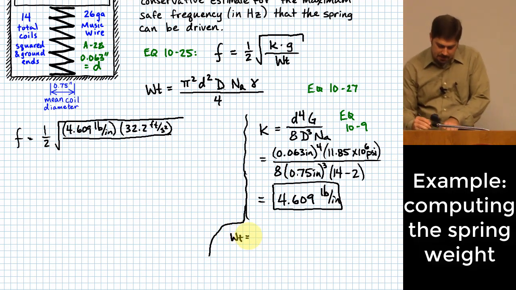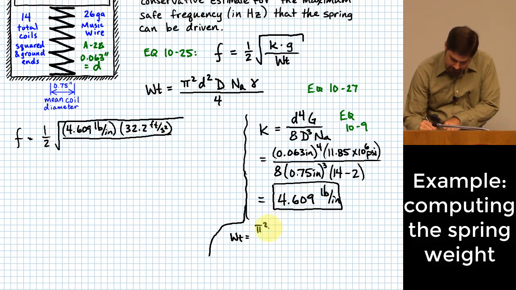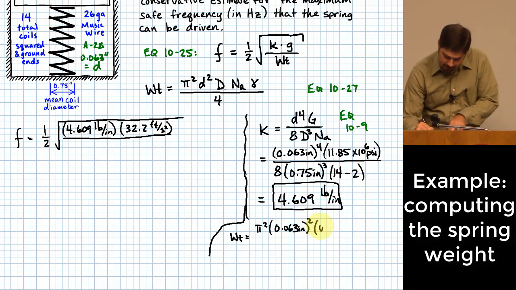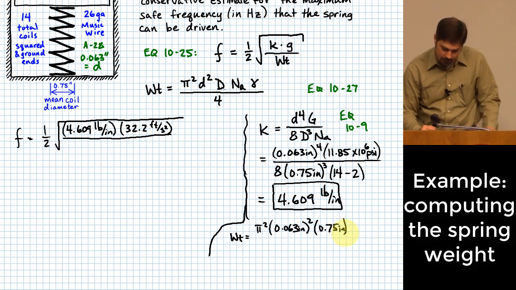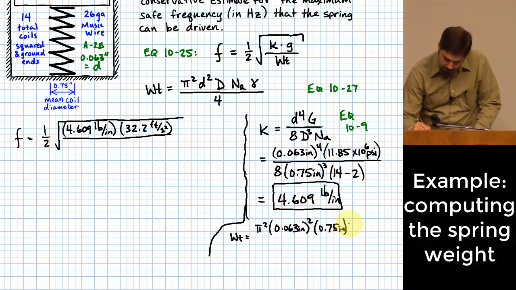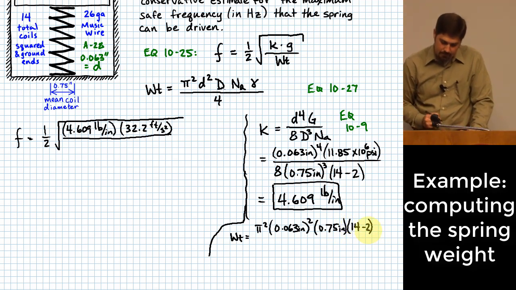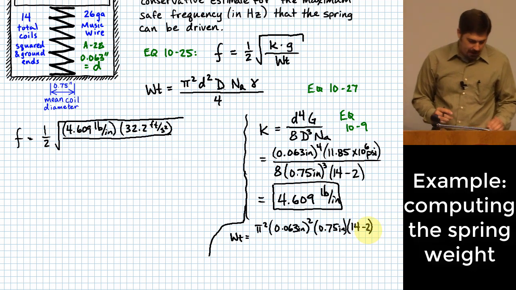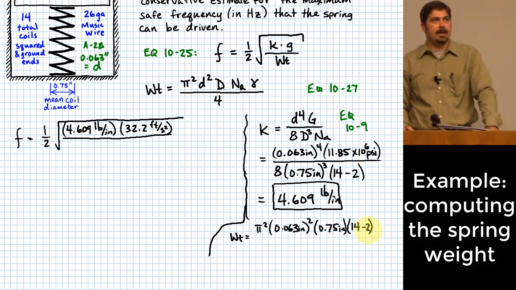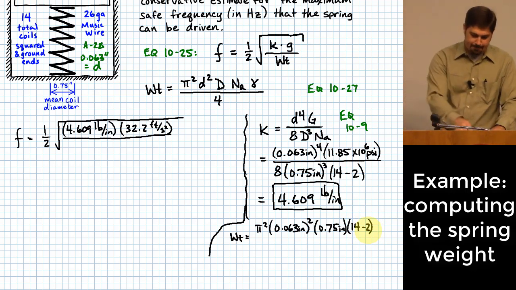Okay, this is just going to be equal to pi squared times your d squared, which was 0.063 inches, times the mean coil diameter of 0.75 inches, times my number of active coils. Again, that's just 14 minus 2. Now, what about my unit weight for this spring?